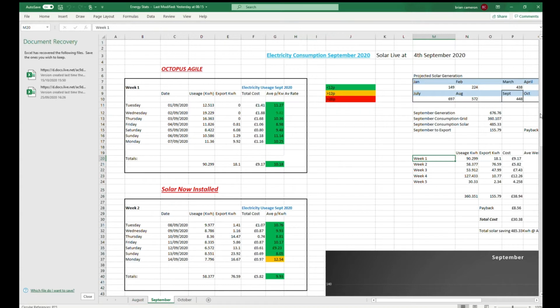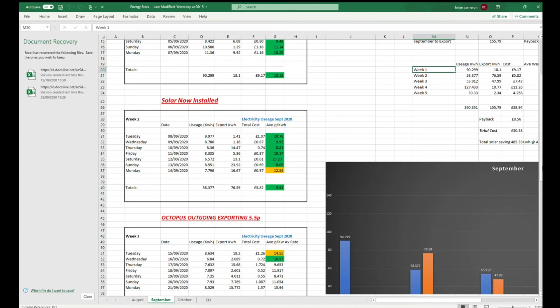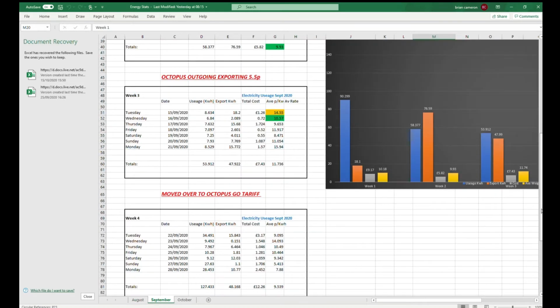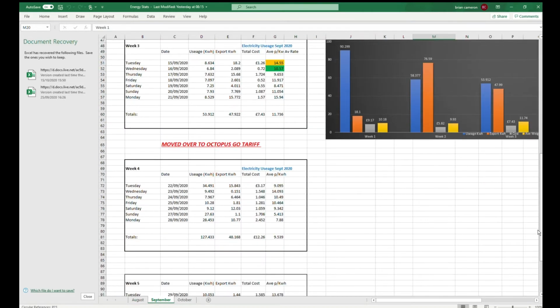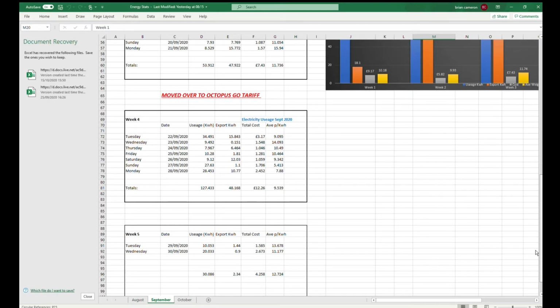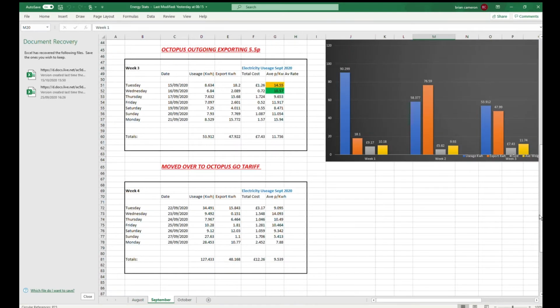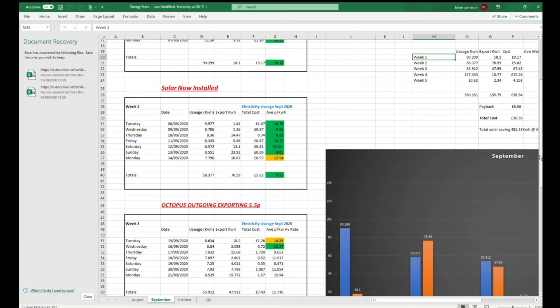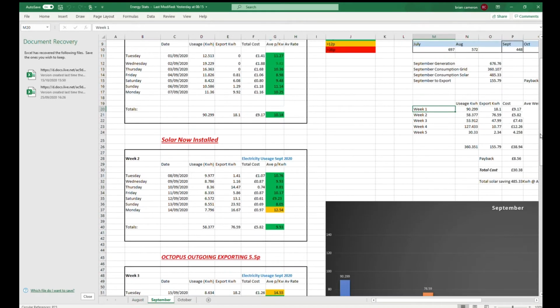So yeah, has it been a great month? Well, when you look at the average price, I don't think September was that fantastic. It's still better than had I been on their standard fixed tariff, but it's not as blindingly cheap as I thought it might be.